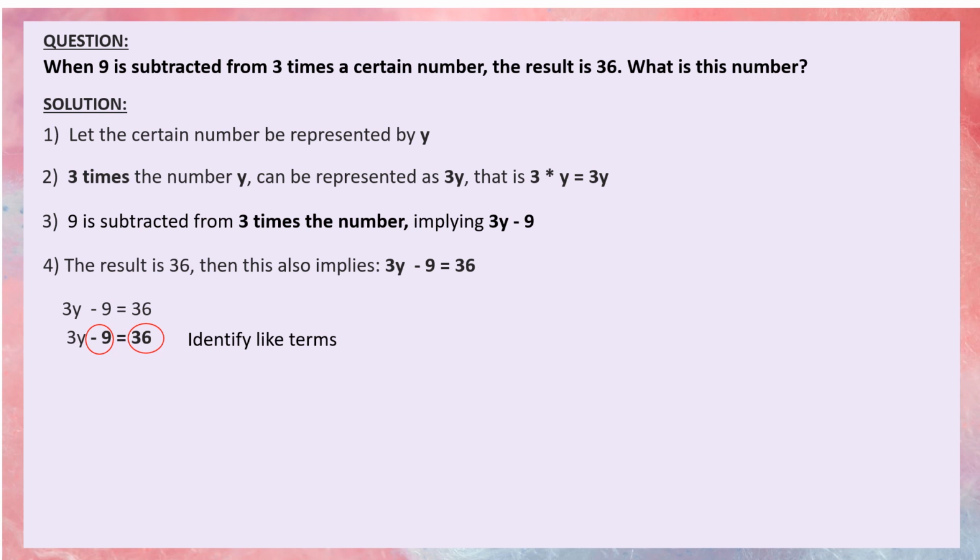If you have 3 apples minus 1 orange, it will still remain 3 apples minus 1 orange. So there's nothing that can be simplified further on the left hand side. On the right hand side, you have the number 36. So all in all, you have 9 on the left hand side, and 36 on the right hand side.